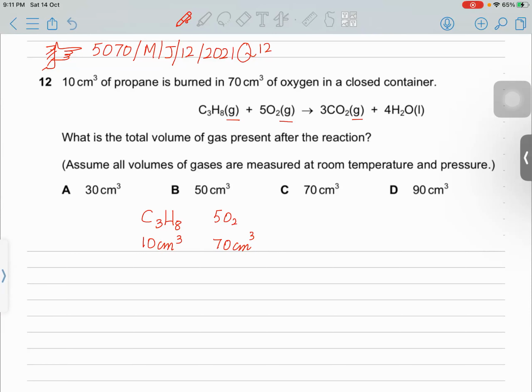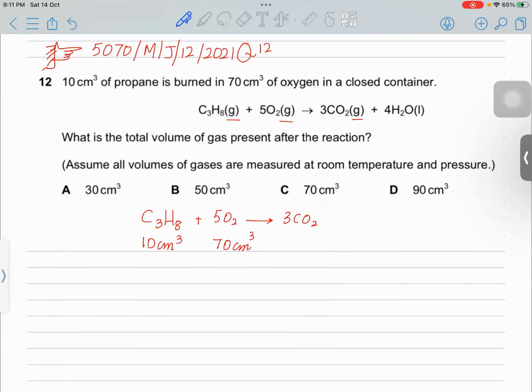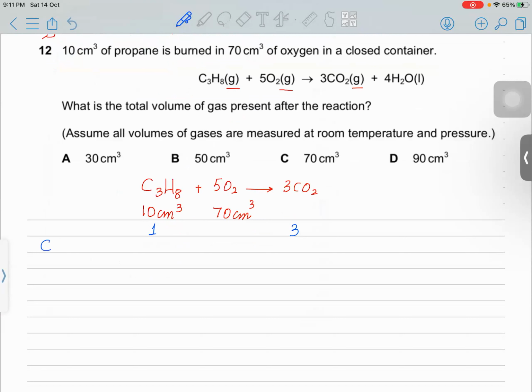Okay. So limiting reactant should be this one. So the ratio is 1:3. The ratio is 1:3. So right here C3H8.